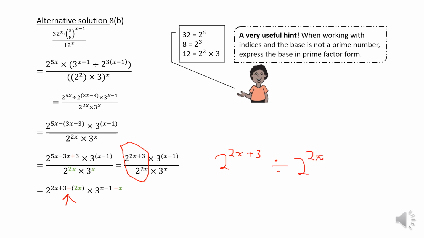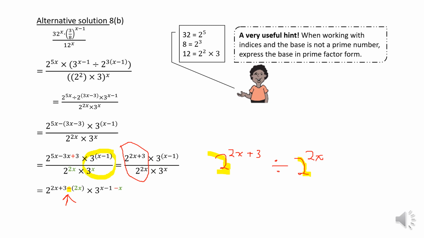And when you do that, and the bases are the same here, and the bases are the same here, what do we do with the indices? Well, we subtract the indices. Can you see I showed that with red down here? So the ones in green, I want to show you where they come from. That is the same concept that you do for the 3 raised to the power of x plus 1, or minus 1 rather, and also for that.